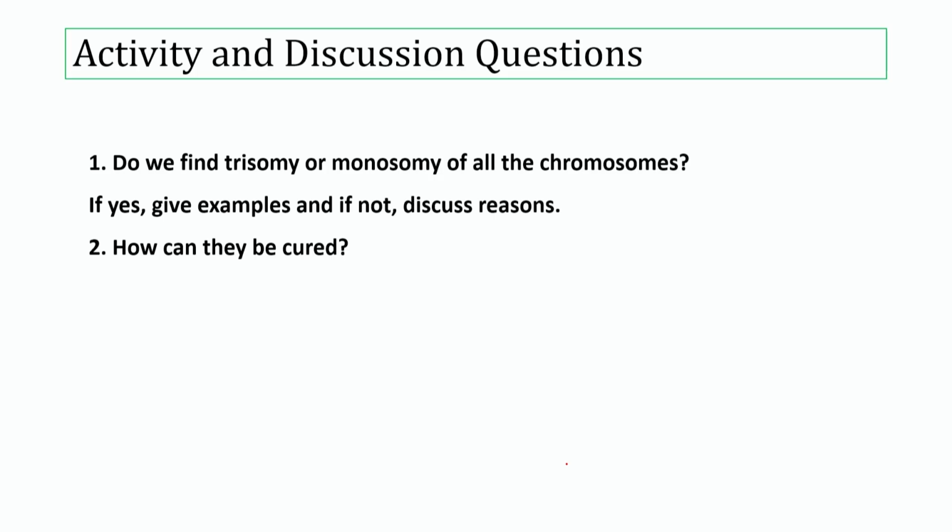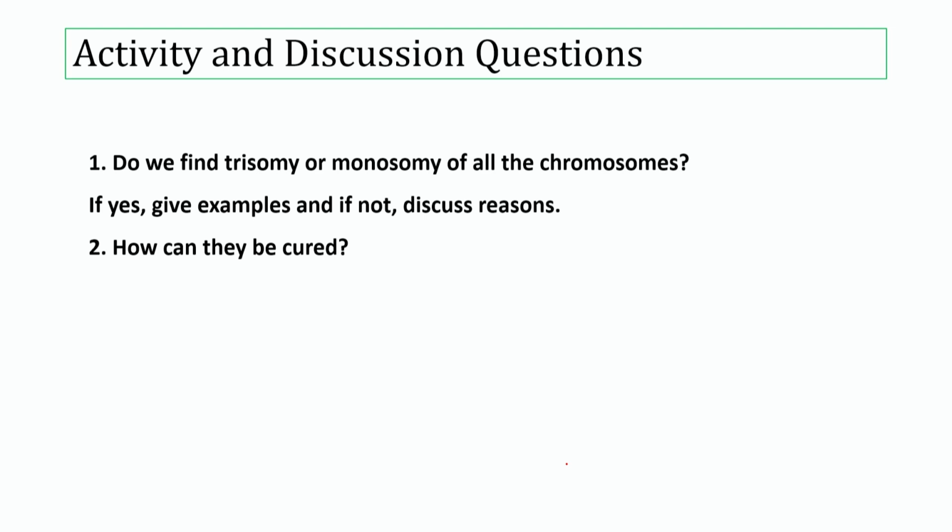So with this, I come to the activity questions and discussion. The question is, do we find trisomy or monosomy of all the chromosomes, or are there only discrete examples of chromosome 21, chromosome 18, chromosome 13, and part of chromosome 1, and so on? Why not all the chromosomes having trisomy?